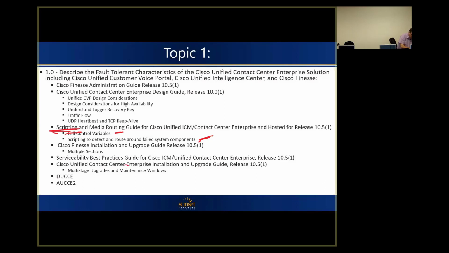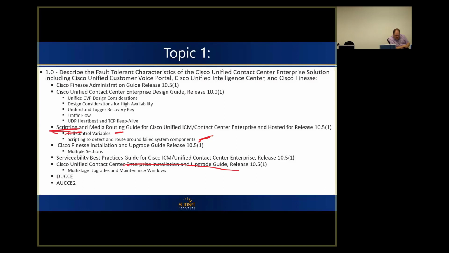for the Installation Upgrade Guide, and there's a topic area called Multi-Stage Upgrades and Maintenance Windows. You might see a question along the lines of, if you were going to do one maintenance window or multiple maintenance windows, what order would you do the upgrades?